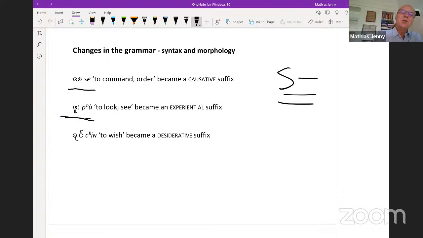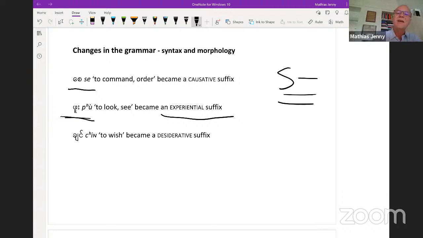Another word, pu, which in earlier Burmese just meant to look, to see. You still have it in the context like pea pude. This pu became experiential suffix, meaning have done before, at least once. Sa bude, yao pude. I have eaten this before, I have been there before, at least once.